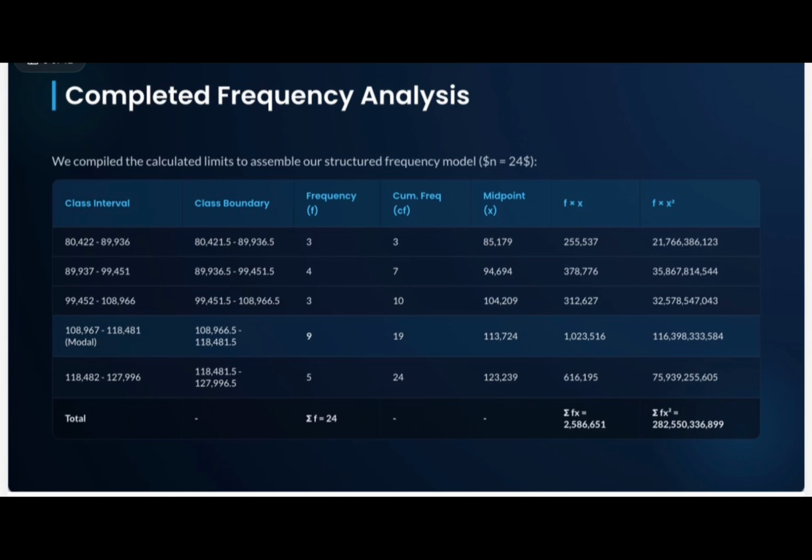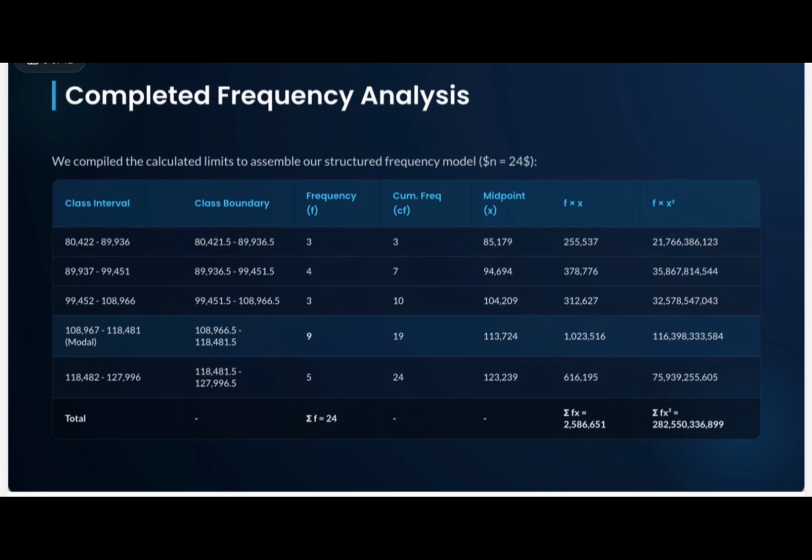Our highest concentration of data falls within the 108,967 to 118,481 MT interval. With a frequency of 9, this stands out as our modal class. The cumulative frequency steadily builds up across the brackets, accurately accounting for all 24 observations by the final interval.